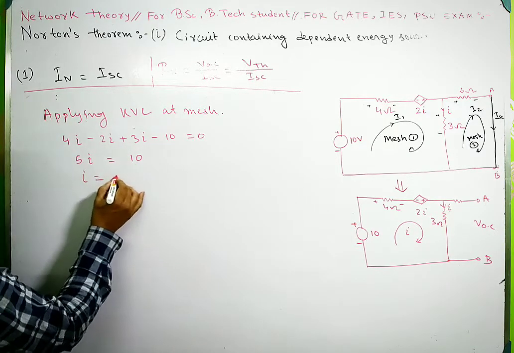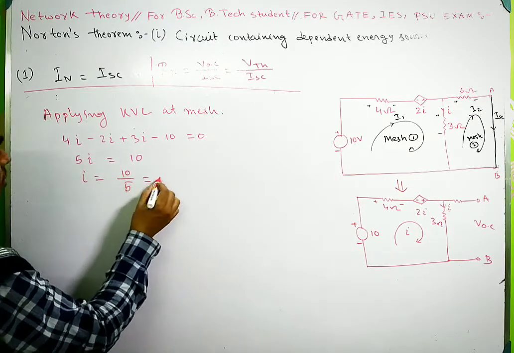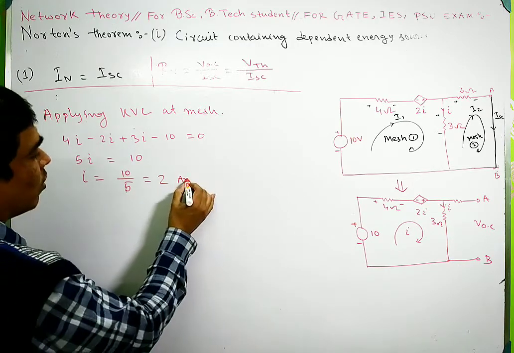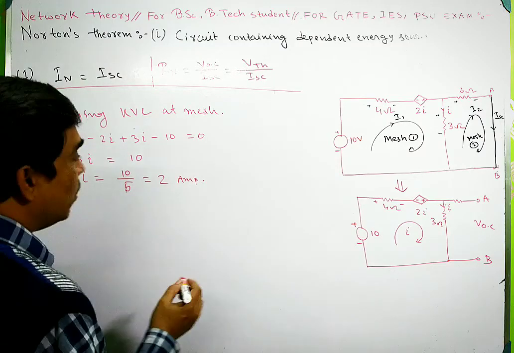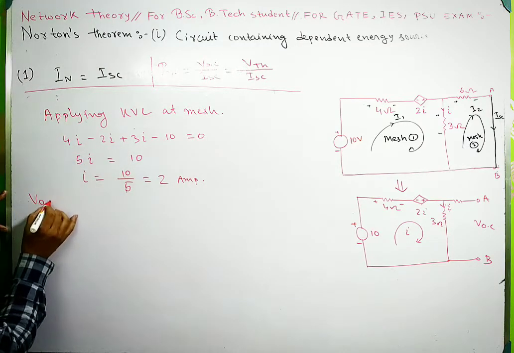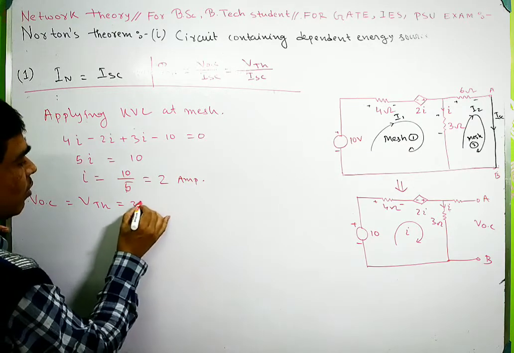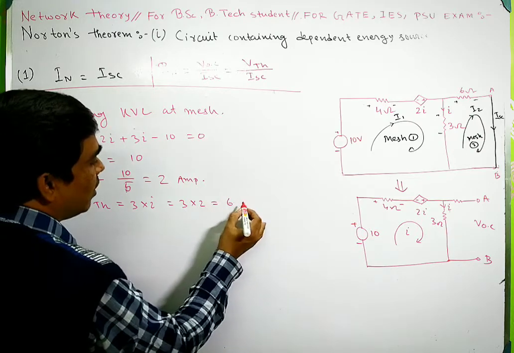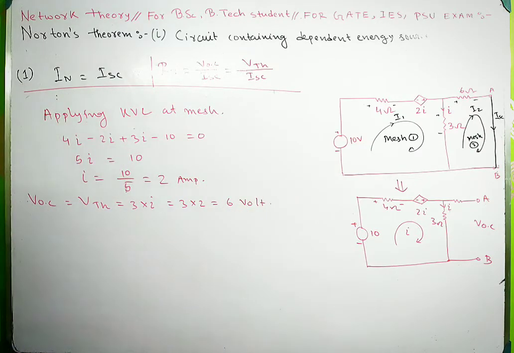So I equals 10 by 5, so it is 2 ampere. Then VOC, that means V Thevenin, will be 3 multiplied by I. So 3 into 2, it will be 6 volt. So this is the 6 volt.